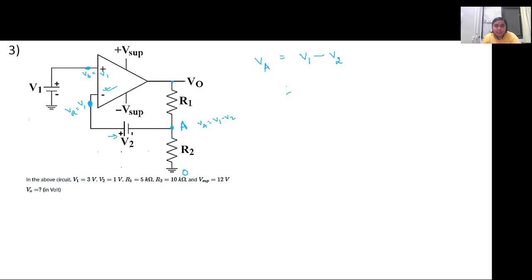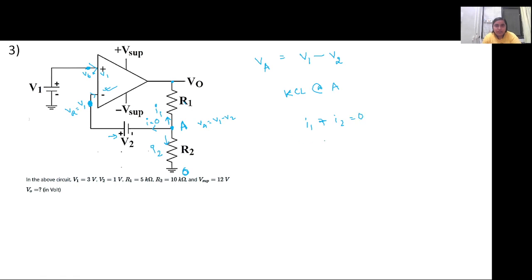Now we can apply KCL at A. There will be no current drawn into the OPAMP, so the current in this particular branch is 0, because there is no current getting drawn into the input of the OPAMP. So the same current will flow from V0 through R1 and R2 to ground. I1 plus I2 will be equal to 0.